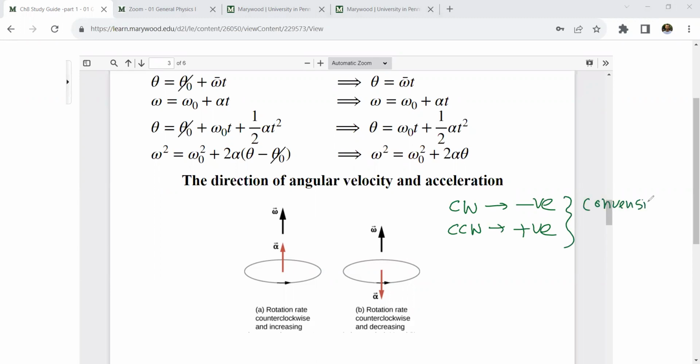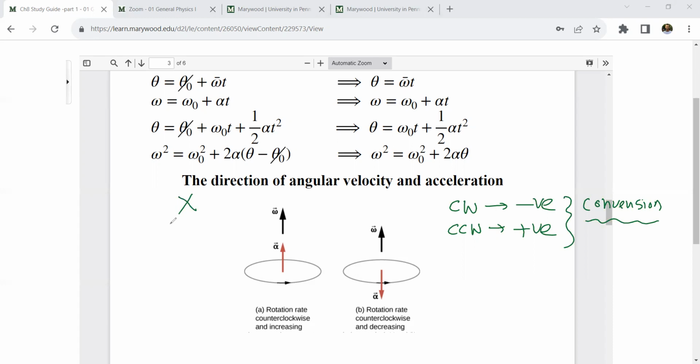Now what are the directions? Direction can be determined using the right hand rule. Now, we are in an algebra based course, we are not much interested in the direction of the angular quantities, so I'm not going to discuss this.